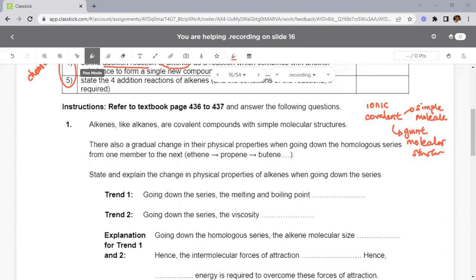So alkenes are covalent compounds with simple molecular structure. Some of the physical properties that simple molecular structures have is that they naturally have low melting and boiling points already. They also cannot conduct electricity.